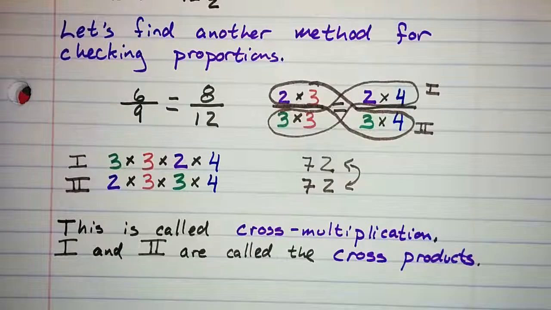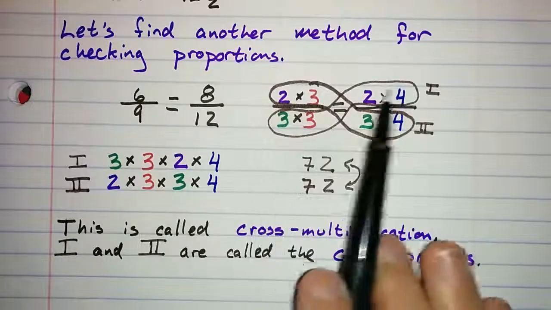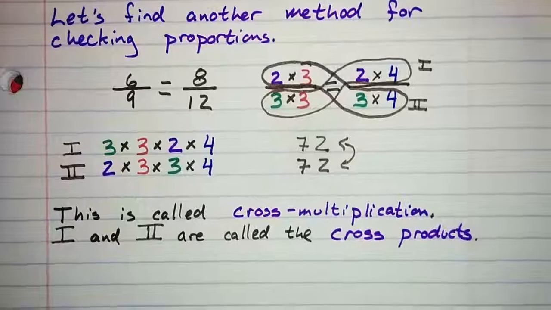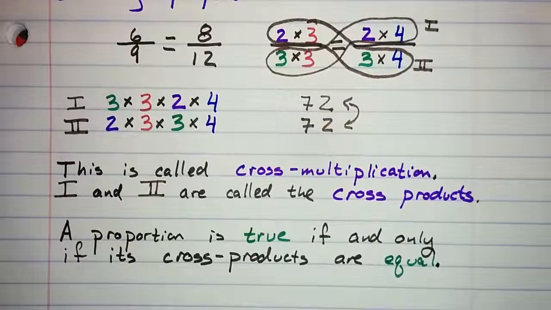We can use this process, calculating the cross products and looking at them, to decide whether or not a proportion is true. In particular, a proportion is true if and only if the cross products are equal.